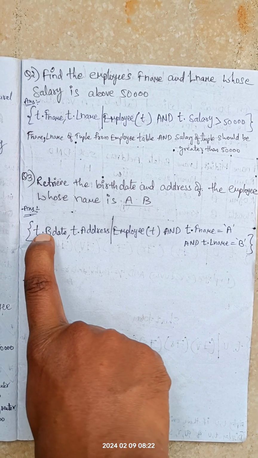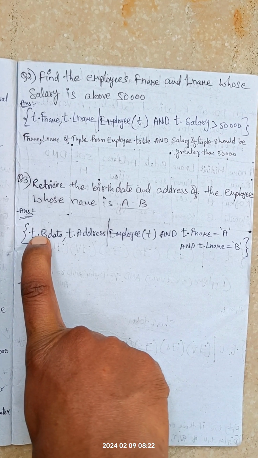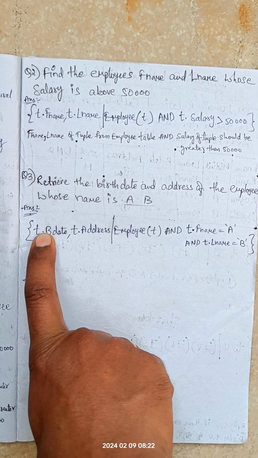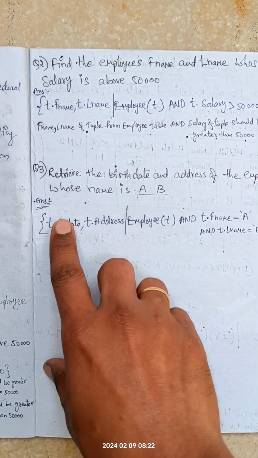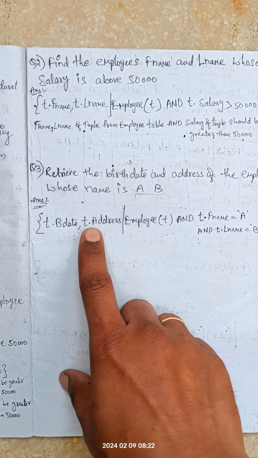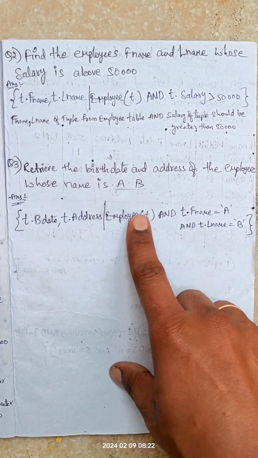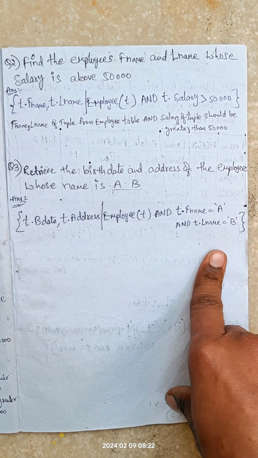Of means we have to keep a dot here. Dot is compulsory. Without keeping the dot, it cannot extract the details. So T dot B date, comma, T dot address, such that, you have to write it completely like this.